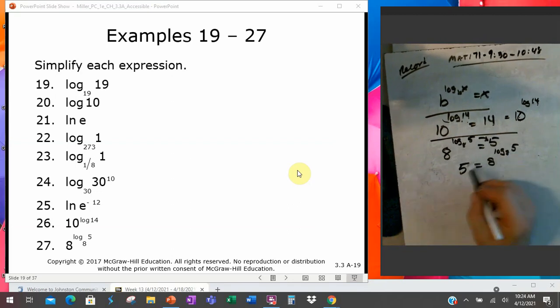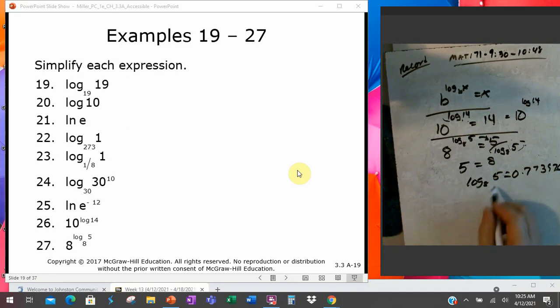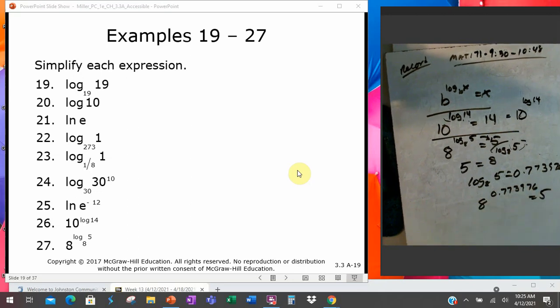Now this is not that, that's just the number. This would be, let me get my right calculator to do it until we do a change of base. This would be like 0.773976. Okay, so 8 to the 0.773976 is equal to 5.